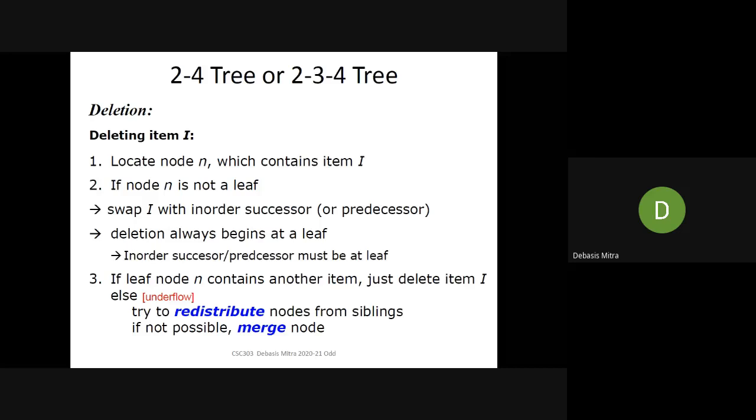Like in insertion, we are bothered about overflow, because every node has a maximum capacity and a minimum capacity based on the value of m, or order of the B tree.